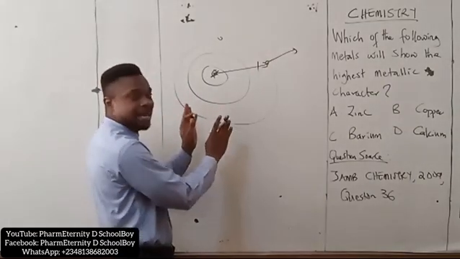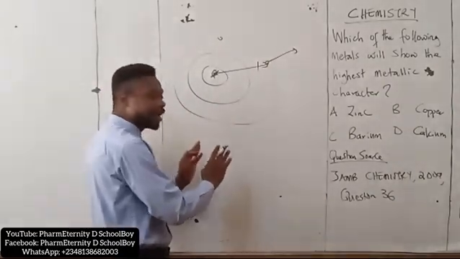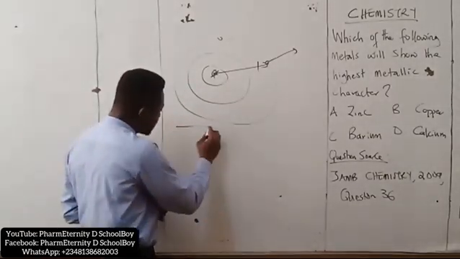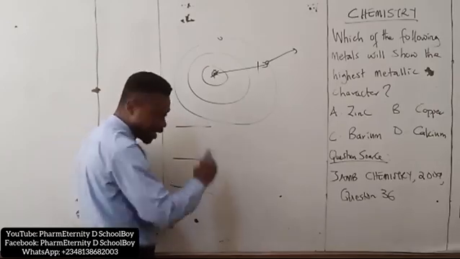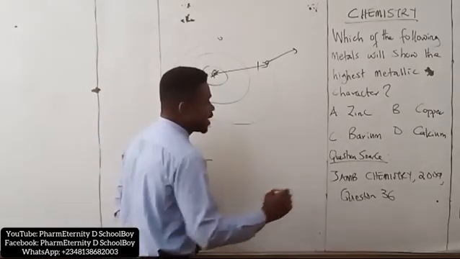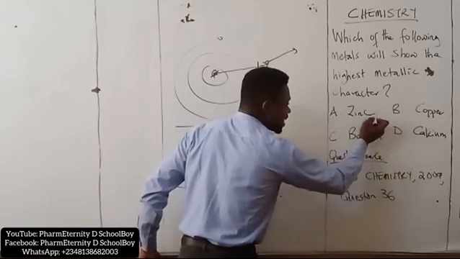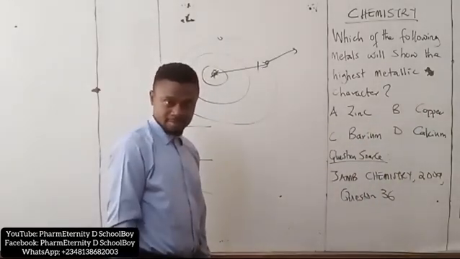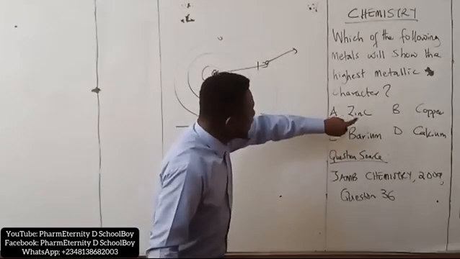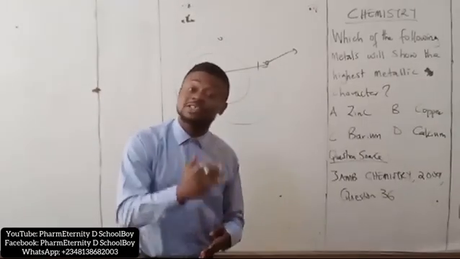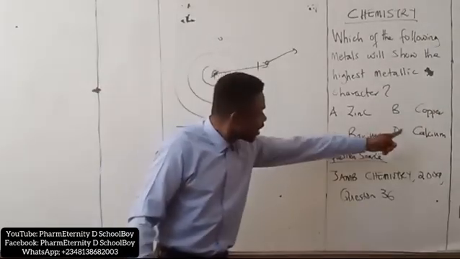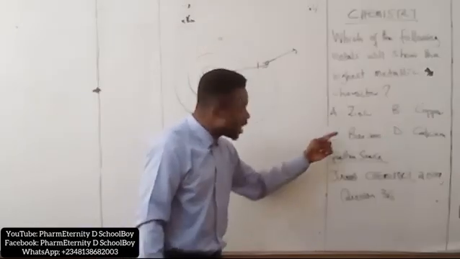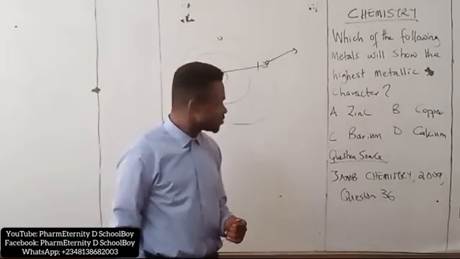Now, with this at the back of our mind, let us go to the group and period. First of all, let me start with periods. We have period 1, period 2, period 3, as the case may be. Calcium, zinc, and copper are in period 4. Zinc and copper are period 4 transition metals, calcium is a period 4 alkaline earth metal, and barium is in period 6.